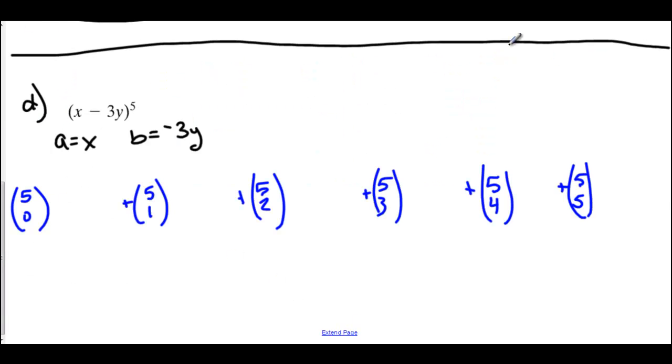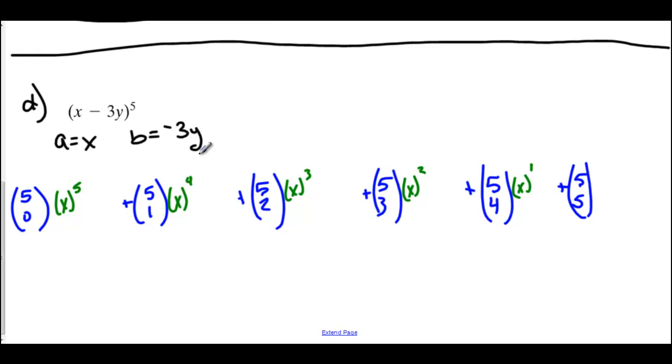All right, I'm going to go ahead and start plugging everything in so we can make sure we get finished up today. So again, I'm starting with my coefficients. 5 choose 0, choose 1, choose 2, 3, 4, and 5. Then I'm going to plug in all of my a's. So I've got x to the 5th, x to the 4th, to the 3rd, squared, and then technically to the 1st power, and then to the 0 over here, but we're not going to write that.